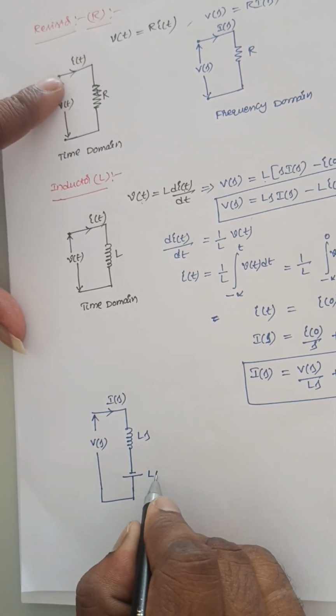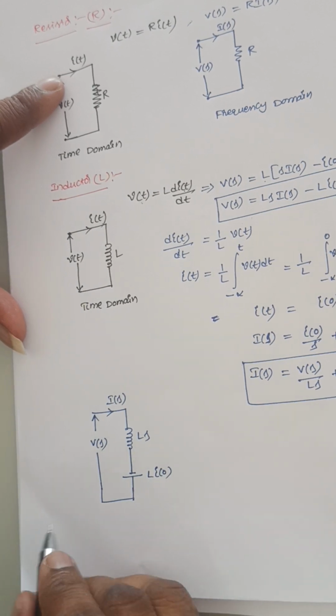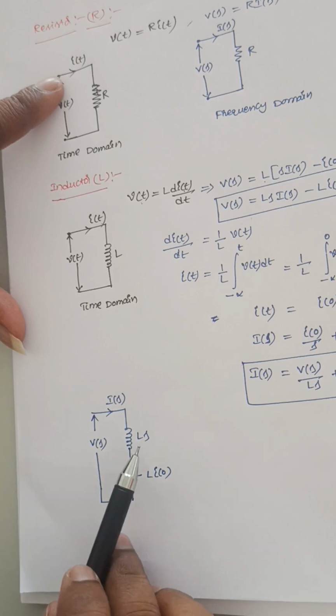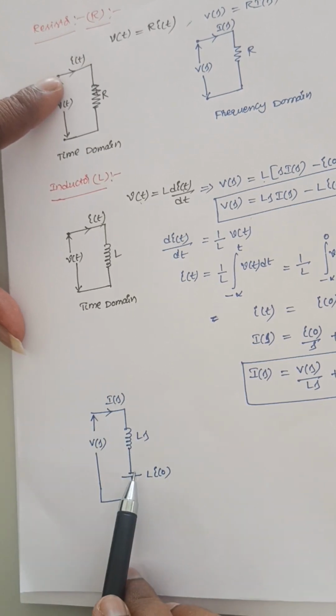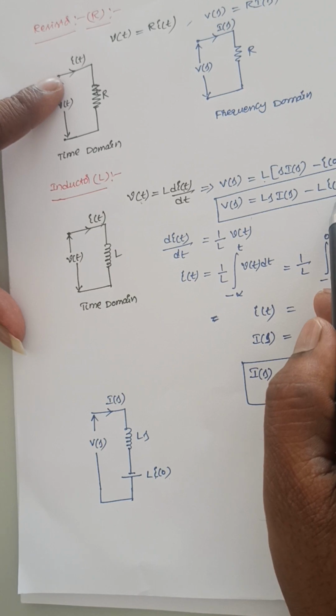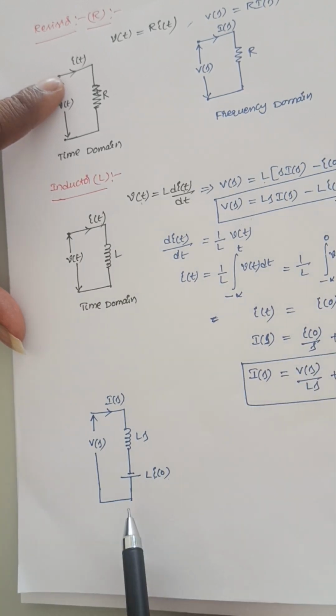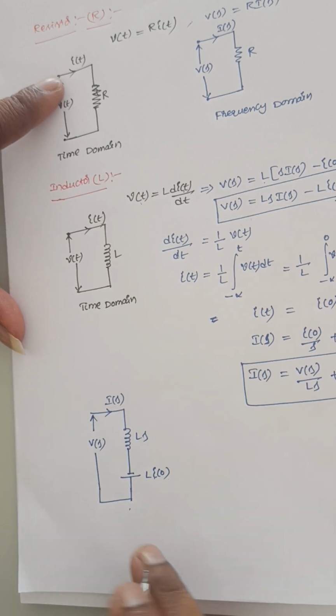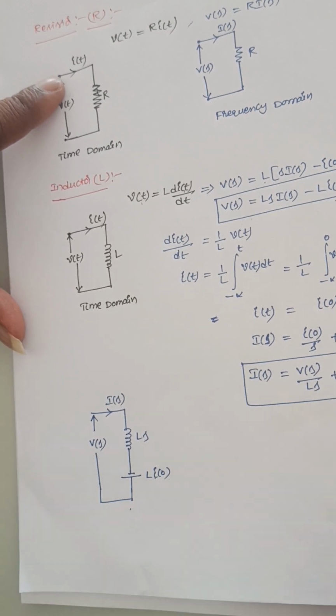This value is L into I of 0. So if I apply the KVL for this loop, V of s is equal to Ls into I of s minus L into I of 0. So this equation can be represented in network form like this. So it is the frequency domain representation of the inductor, one way of representation.